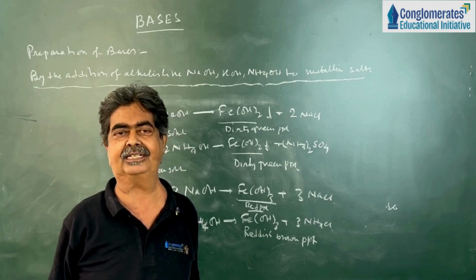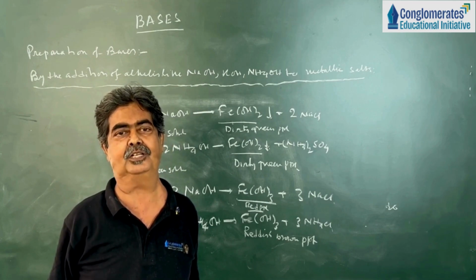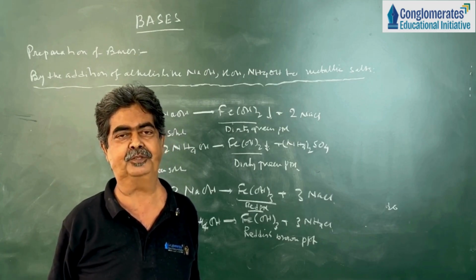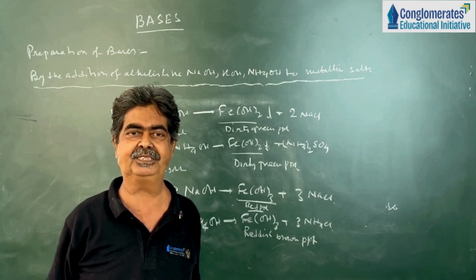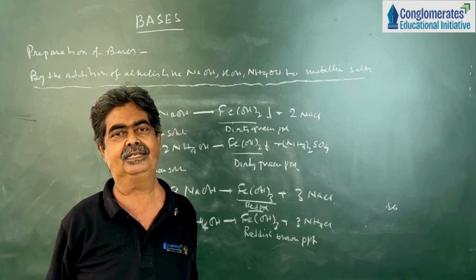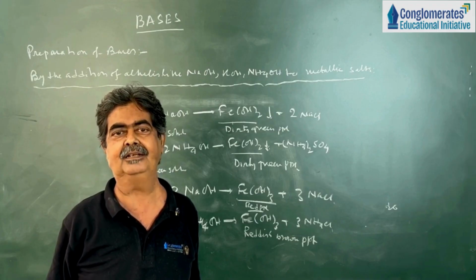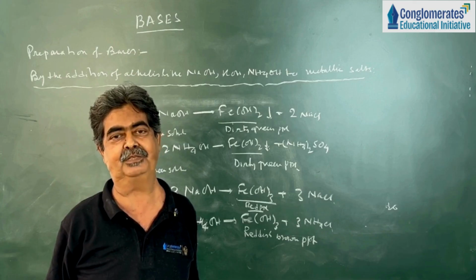Zinc salts are soluble in both NaOH, KOH and NH4OH. First of all, they produce PPT, and this PPT is soluble in excess. Silver salts, with NaOH or KOH, precipitate and do not dissolve in excess, but they dissolve in excess ammonium hydroxide.